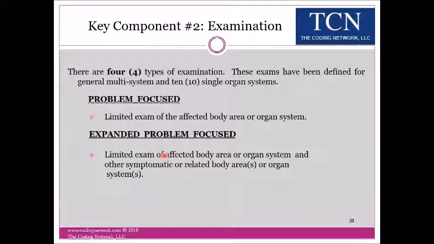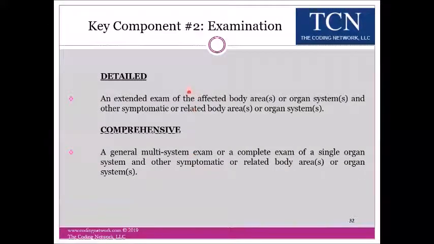So let's just go over some of the key components of the exam. There are 4 types, anything from a very limited or problem-focused exam, which would be a very low-level exam, to expanded problem-focused, a little bit more extensive, but it's just maybe 2 or more body areas or organ systems where there's not a lot of detail within the exam portion.